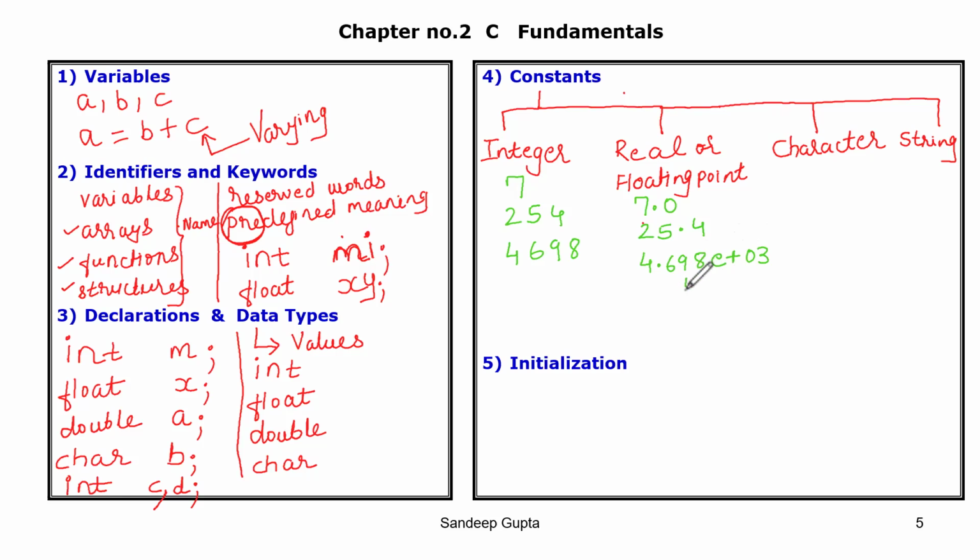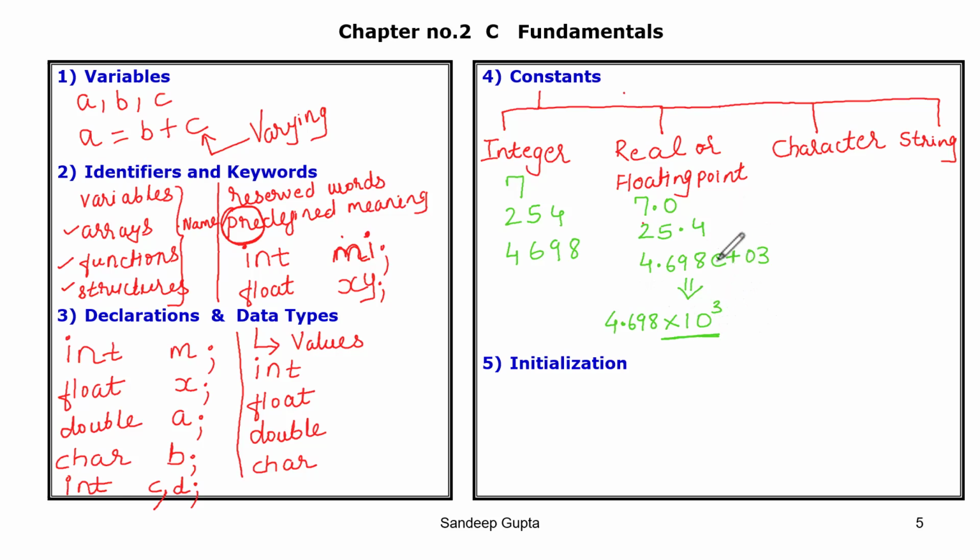Writing 4.698E+03 is same as writing 4.698 into 10 raised to plus 3. In C language, you cannot write it this way because in C compiler, in C language, you cannot use superscripts like this.